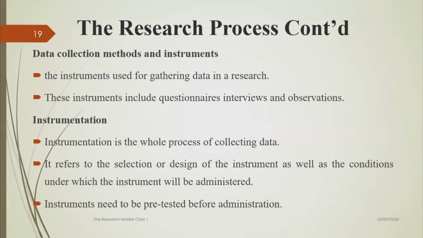If I want to collect qualitative data, I need to use an instrument that would support that. So what are these instruments? We have questionnaires, we have interviews, we have observations. If I'm collecting quantitative data, then I need to use a questionnaire. But if I want to collect qualitative data, I would have to use an interview or probably observation.